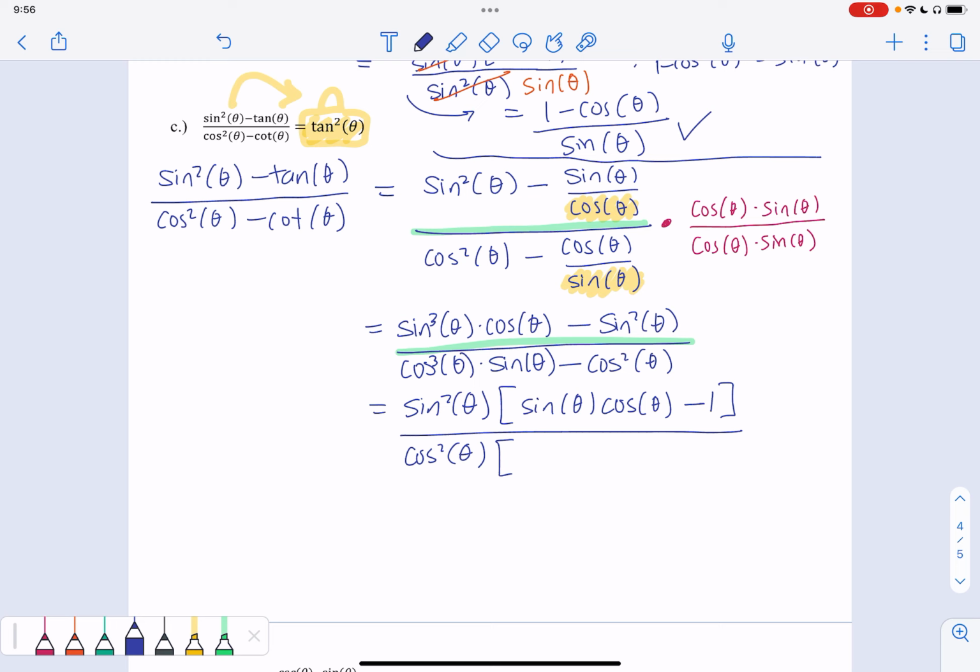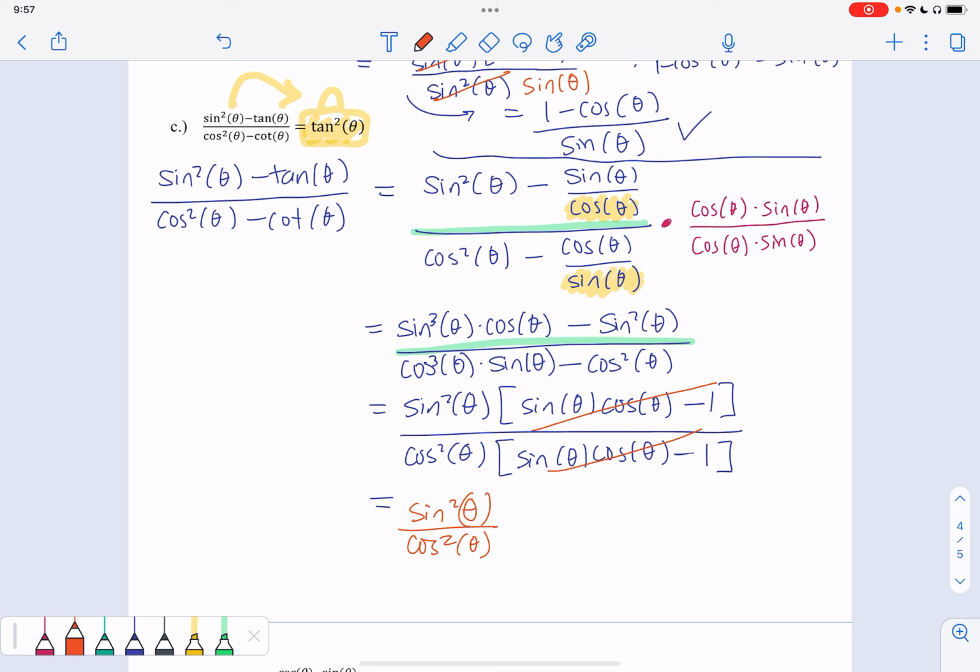The first term leaves sine theta cosine theta. And again, I'm writing the factors in that order to show what's happening here. The second term is cosine squared theta, and when that gets removed, it just leaves a 1. And so what I see is that they're leaving the same factor behind, which is very helpful. So these cross out, and that just gives me sine squared theta over cosine squared theta. But this is just tan squared theta, which I was after all along.